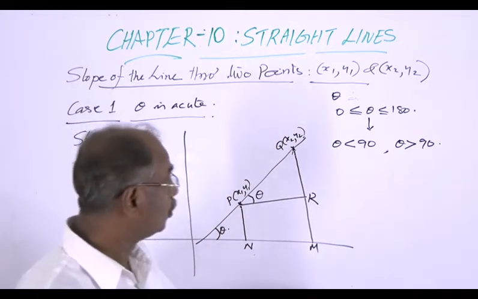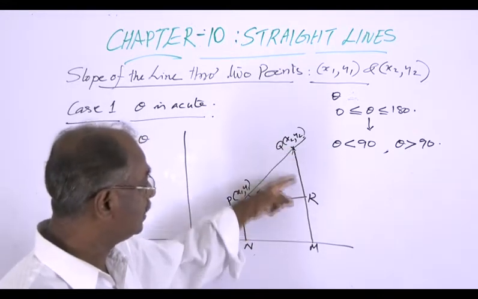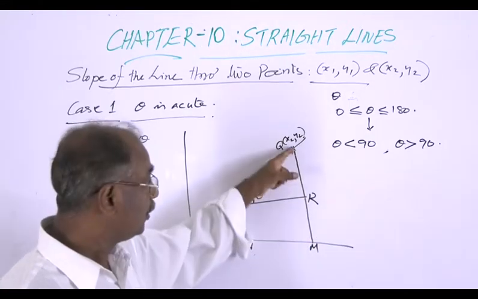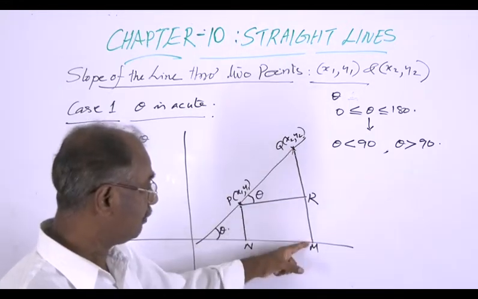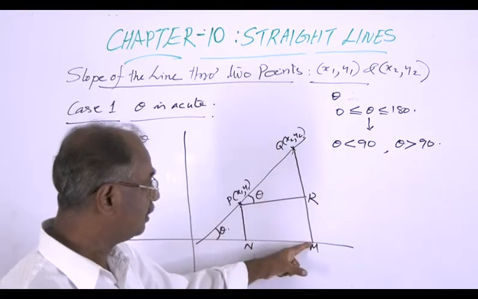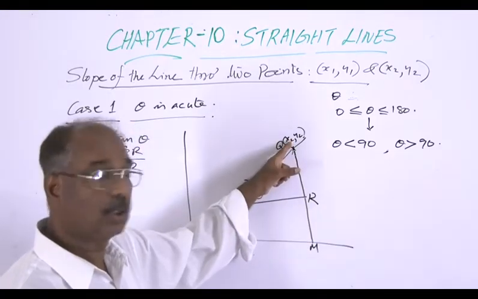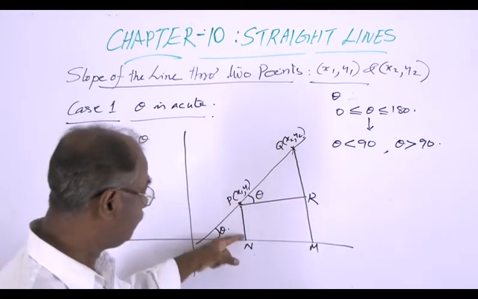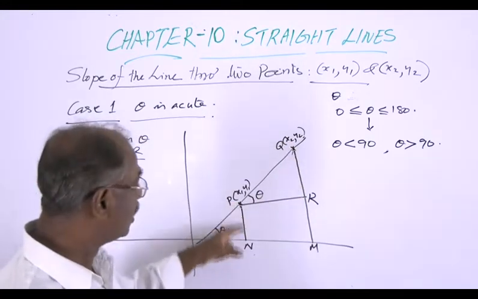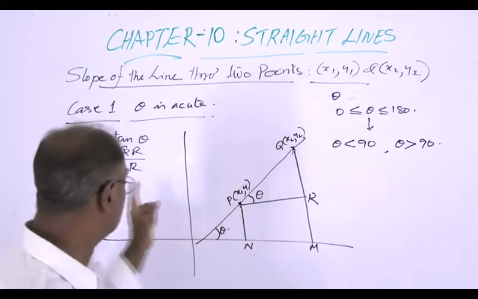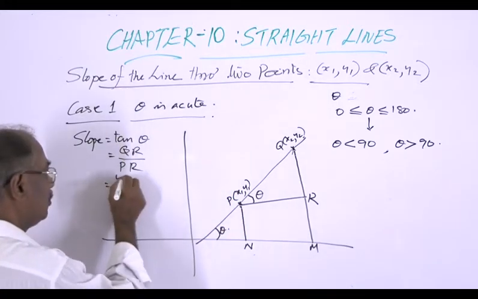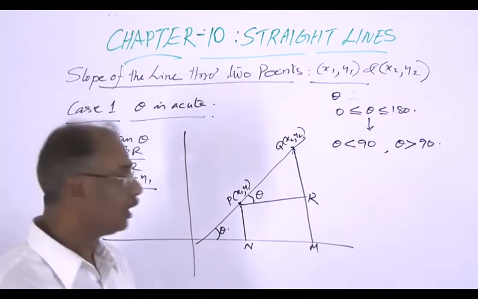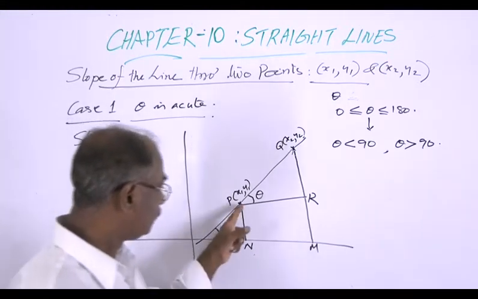Now QR is QM minus RM. QM is y2, the y coordinate of point Q, minus RM. RM is PN, which is the y coordinate of point P, which is y1. So QR is y2 minus y1, divided by PR.